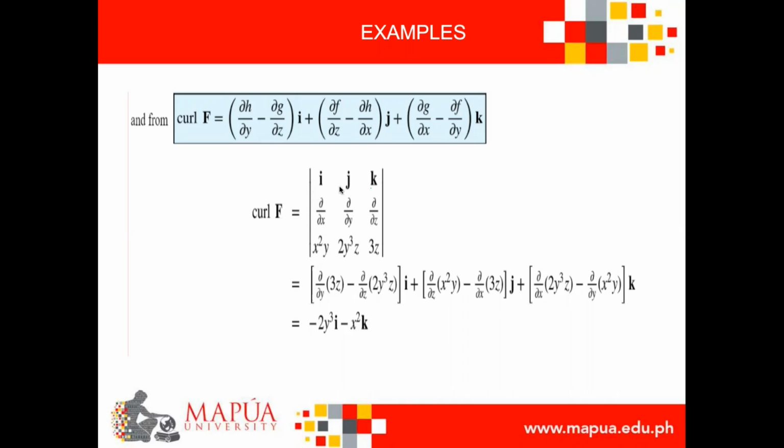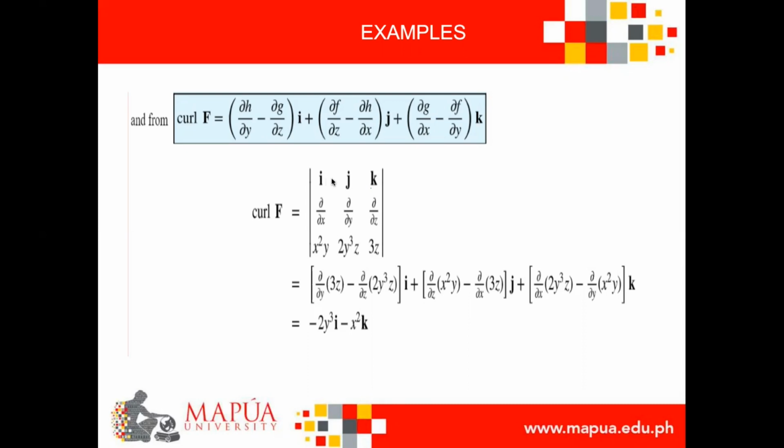by defining the components in a matrix form. We have the first row to be i, j, k. Then in the second row, we have the partial derivative symbols. And in the third row, we have the components of your vector field F: the first element is your function f, the second element is your function g, and the third element is your function h.